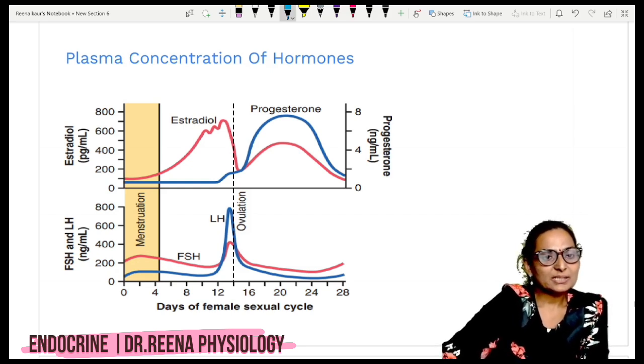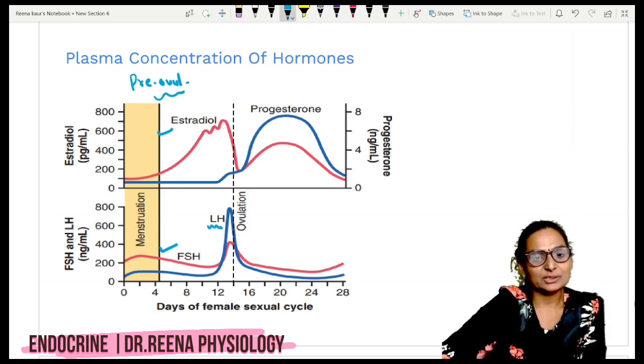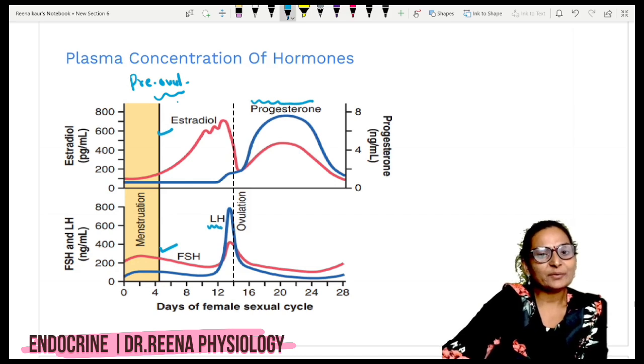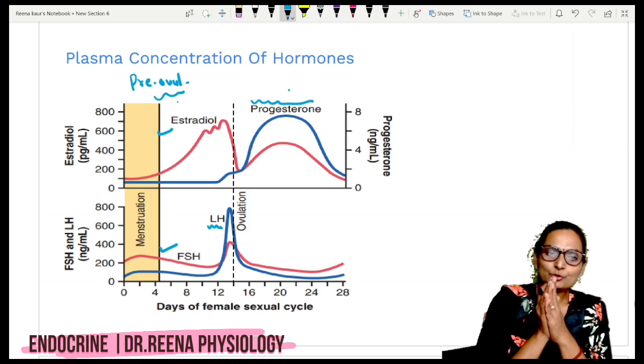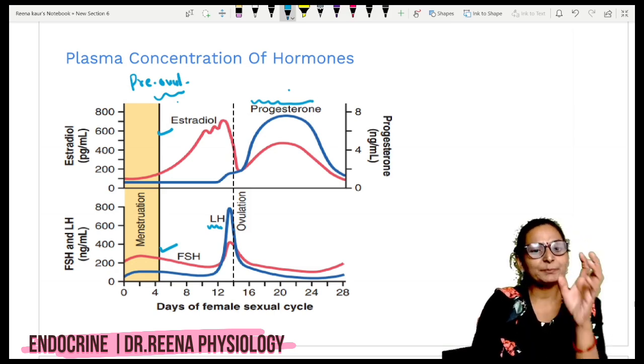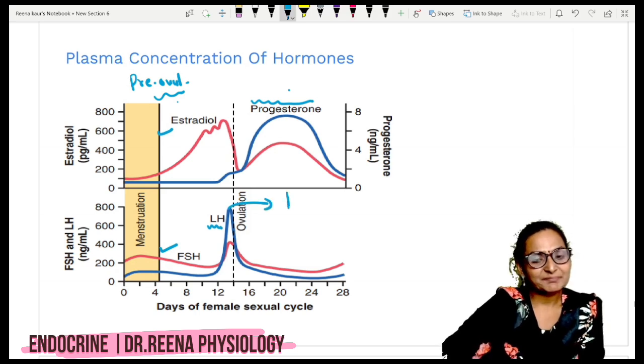So you should know that in the pre-ovulatory phase there are estrogens and FSH. At the time of ovulation there is LH, and after ovulation there is progesterone. So pre-ovulatory, post-ovulatory. If the same thing comes in the form of a graph, you should be able to recognize it. And here at this peak there will be the thermogenic effect.